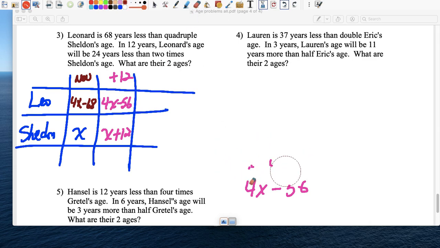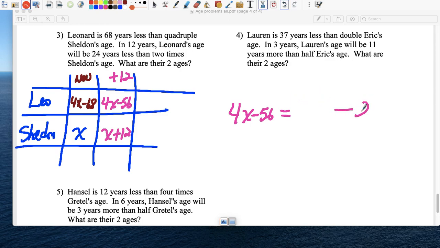So in 12 years, Leo's age, which is 4x minus 56, will be 24 less than 2 times Sheldon's age. Because it's less than, we know the 24 goes in the back. 2 times whatever Sheldon is, which is x plus 12.